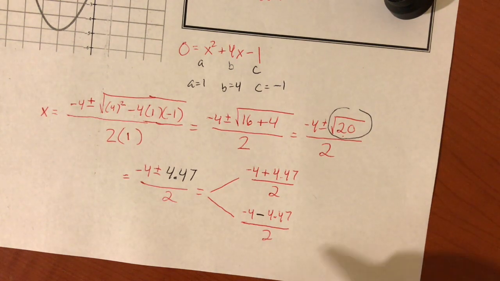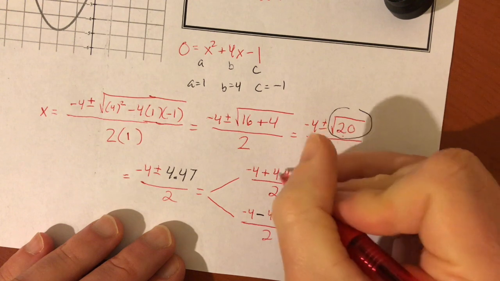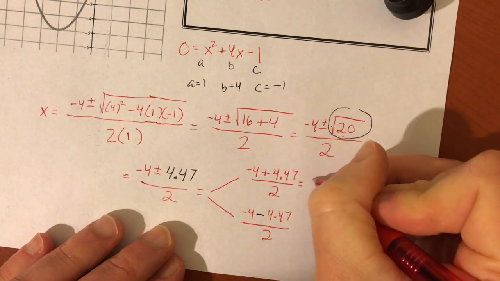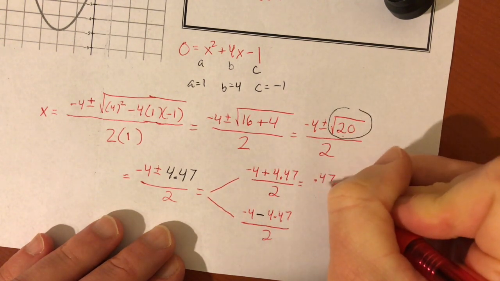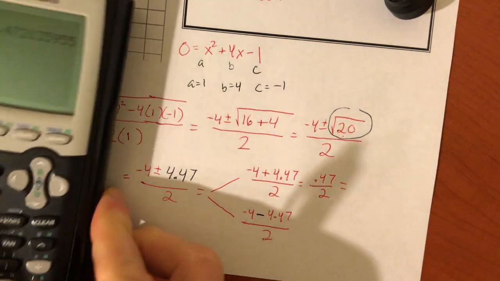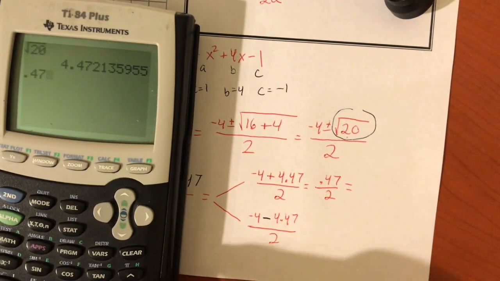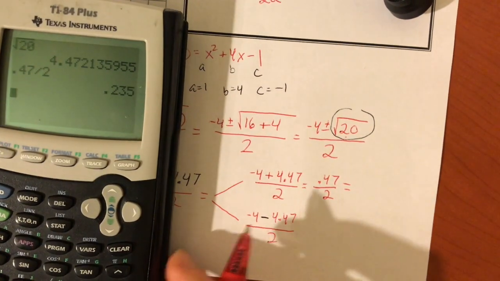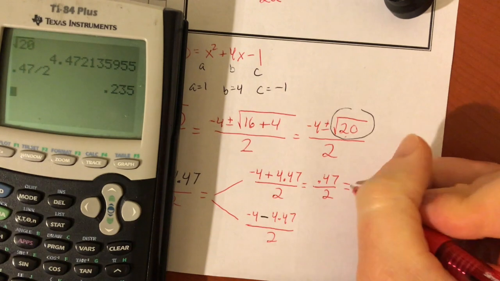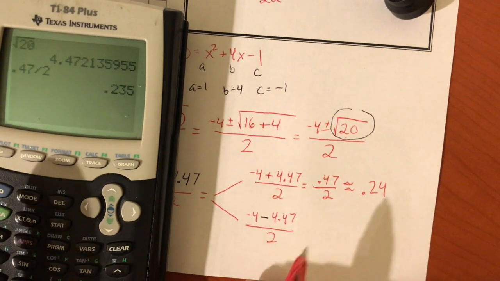Definitely use your calculator to assist you in this if you feel like you're having a tough time, but that will give you -4 plus 4.47 will give you 0.47 all divided by 2, and 0.47 divided by 2 is 0.235, or if I round to the nearest hundredth, about 0.24.